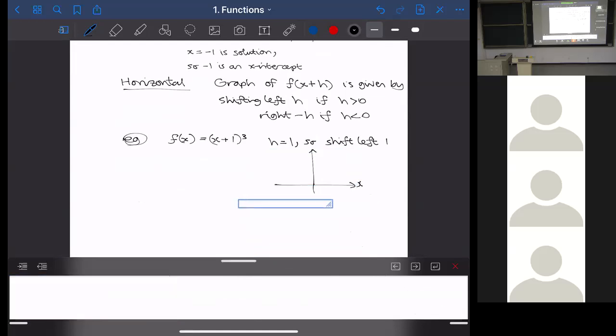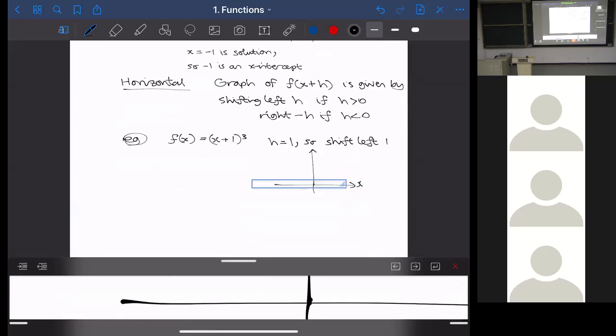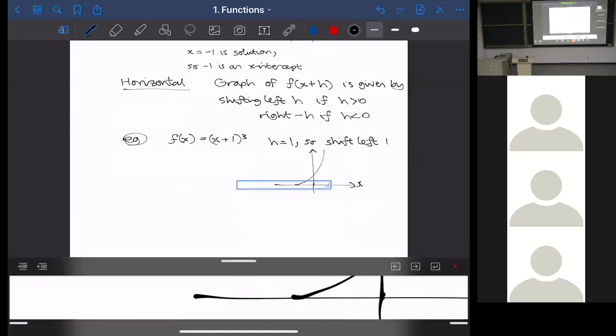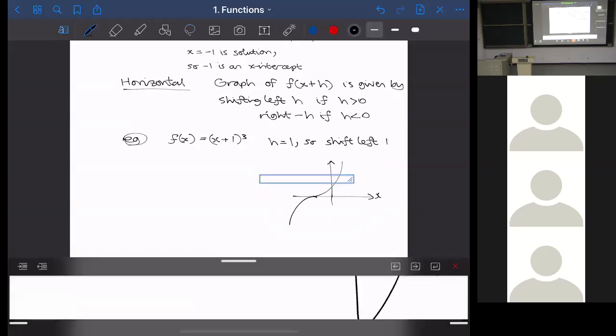So in our graph from before, the graph went through 0, 0, but now I'm going to shift that to the left by 1. Look at this.